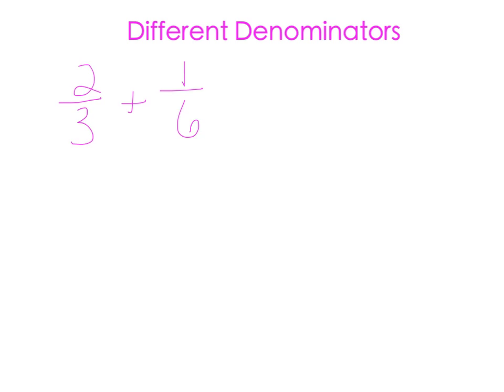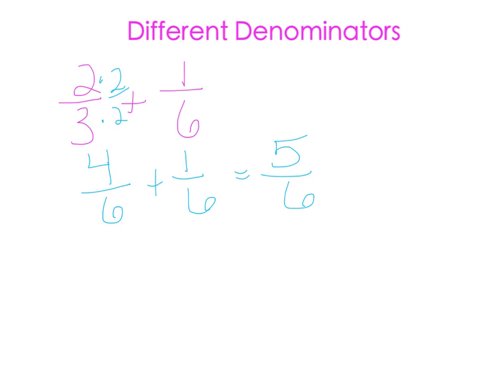But I could change my 2/3 to represent sixths. I would multiply the numerator and denominator by 2 over 2, which would give me 4/6. And I would rewrite the problem as 4/6 plus 1/6. Now I have the same labels, which gives me 5/6.